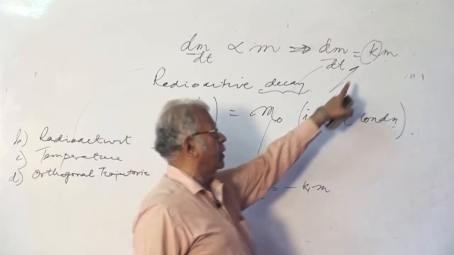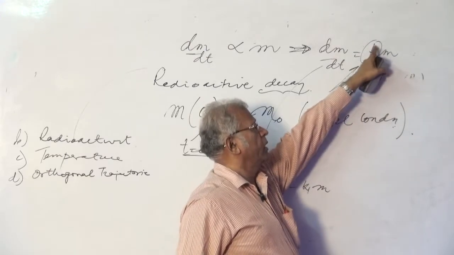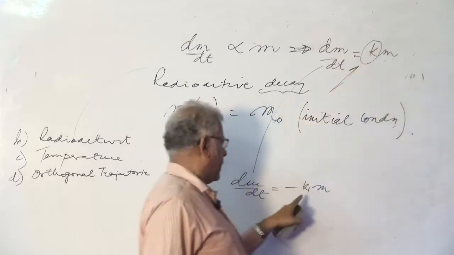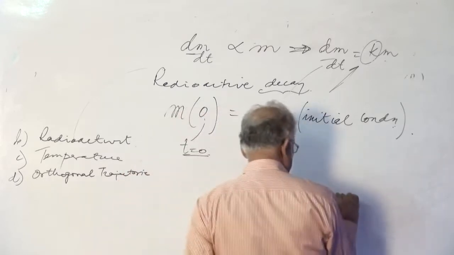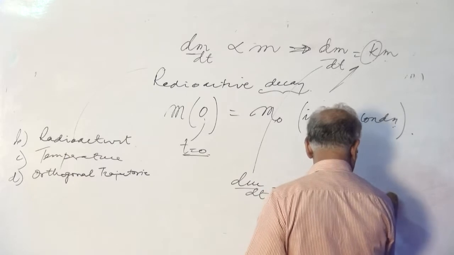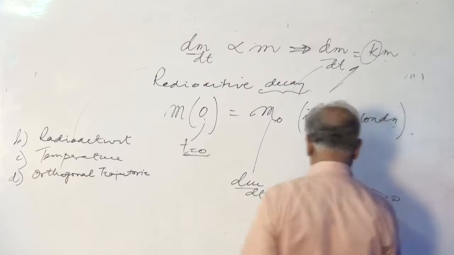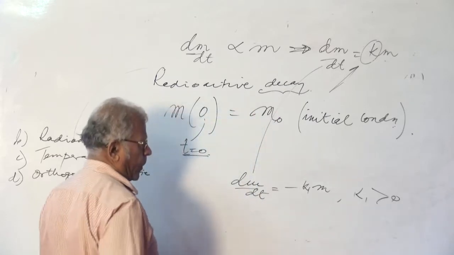If we write it as plus km, this is negative. So we have captured that situation in writing minus k1 m with the stipulation that k1 is greater than 0. That ensures that minus k1 is negative.